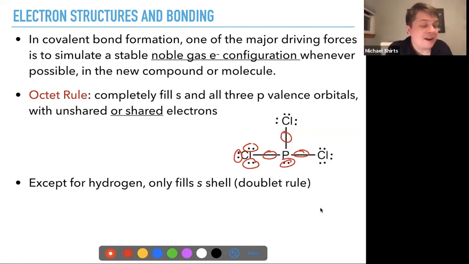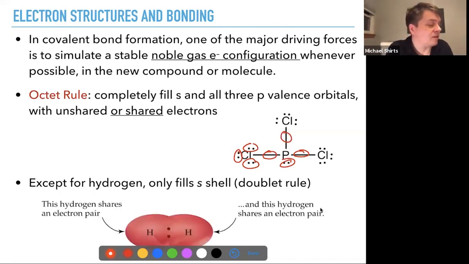Of course, except for hydrogen, the goal is to get noble gas configurations. Hydrogen can only get up to helium; you'd have to add way too many electrons to get up to neon. So hydrogen follows the doublet rule because it's trying to get to the helium structure. For example, here we've got 2 hydrogens sharing the same electron pair.